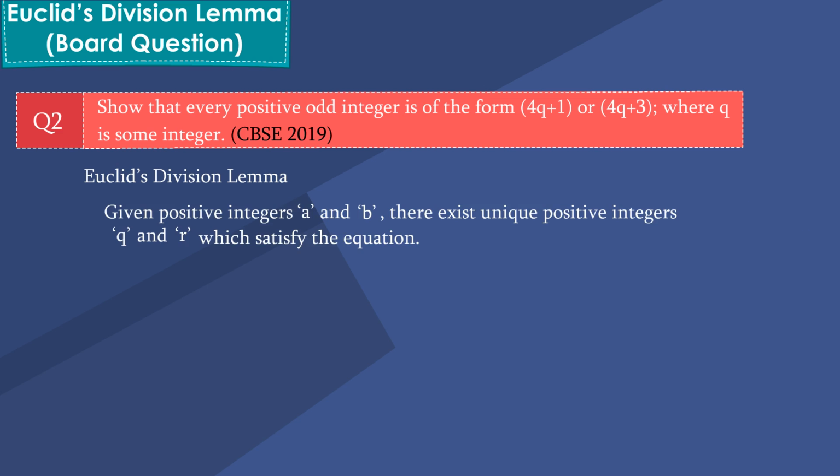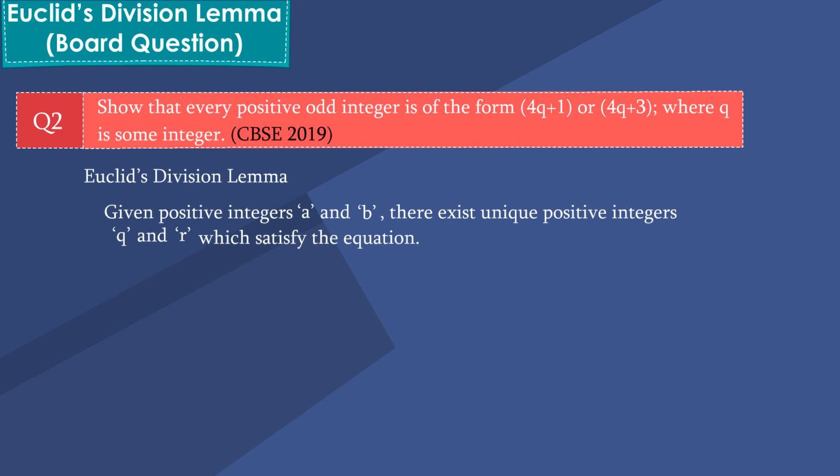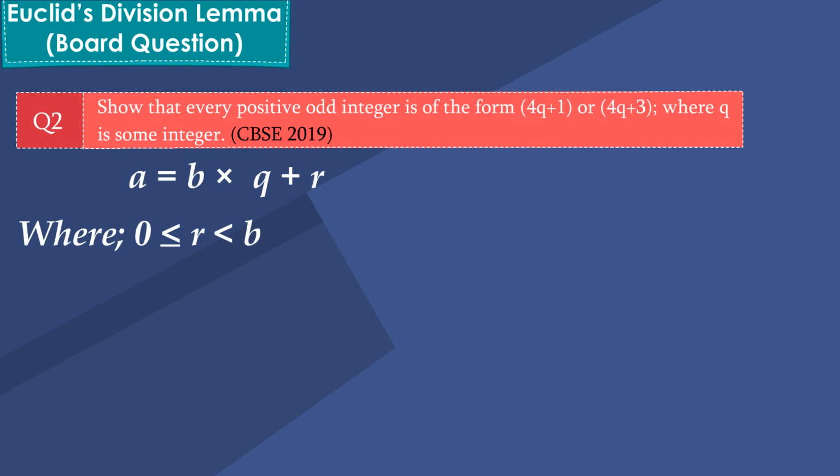Given positive integers a and b, there exist unique positive integers q and r which satisfy the equation a is equal to bq plus r, where r is greater than or equal to 0 and less than b. Now, in the question, the number before q is 4.